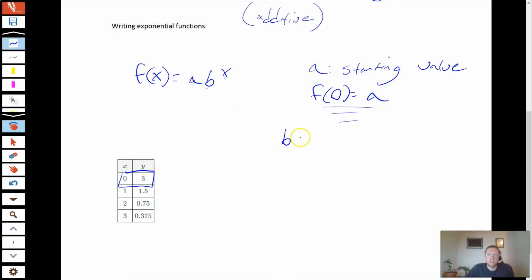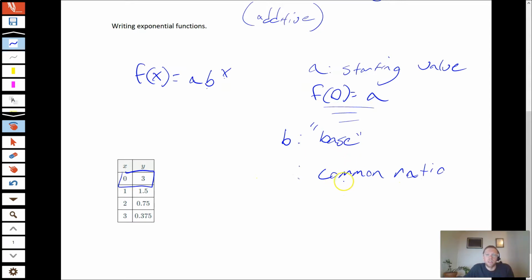And then b, sometimes we call it the base, because it's the base of the exponent here. Some texts and some teachers call it the common ratio. So that's a good word to know as well. I'm more concerned about whether you can set it up than whether you know all the words.